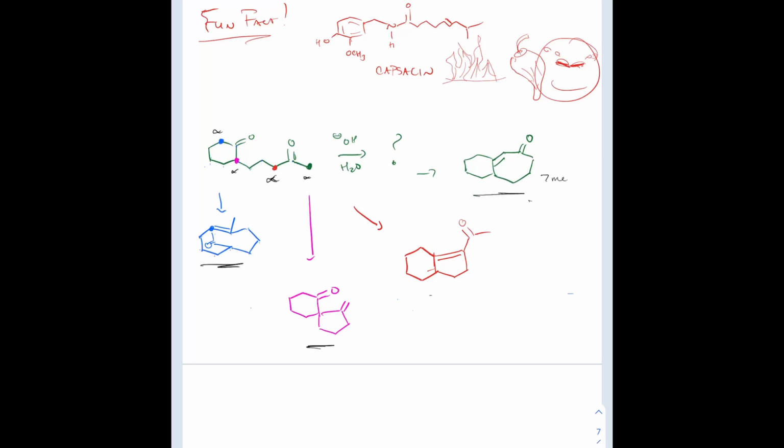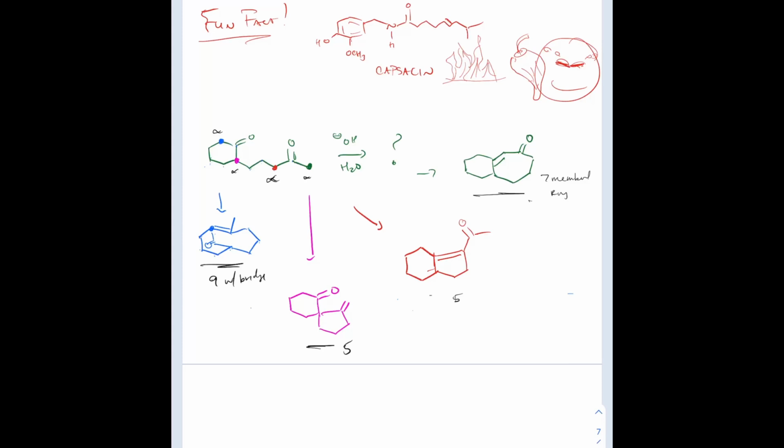Now, the blue one on the left, that's crazy. It's got a bridge. That one's just all bad. It's like a 9-membered ring, and it's got a bridge with the CO that just hates the world, doesn't want to form. The structure in the pink, that's not bad.